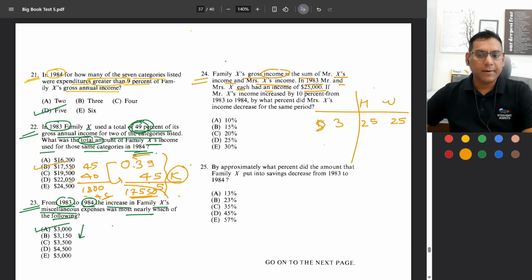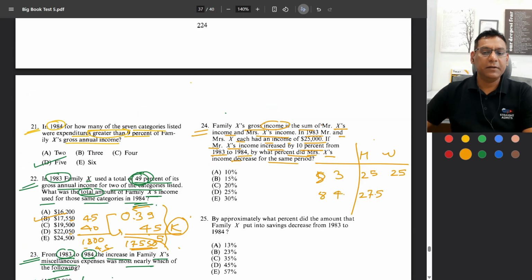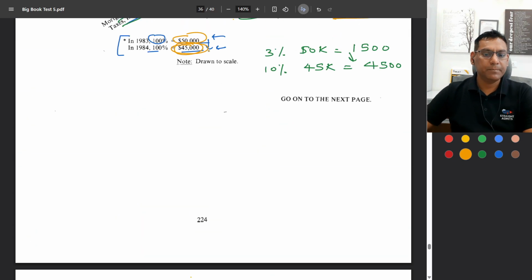Okay. If Mr. X's income increased by 10% from 83 to 84, so now this becomes 27.5, right? What percentage did Mrs. X's income decrease in the same period? Okay. What was the total in 1984? The total in 1984 was $45,000, right?